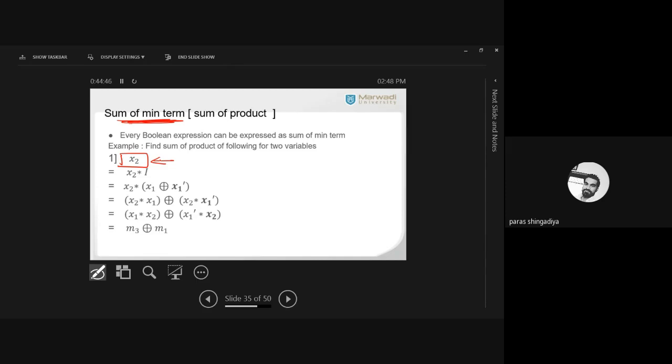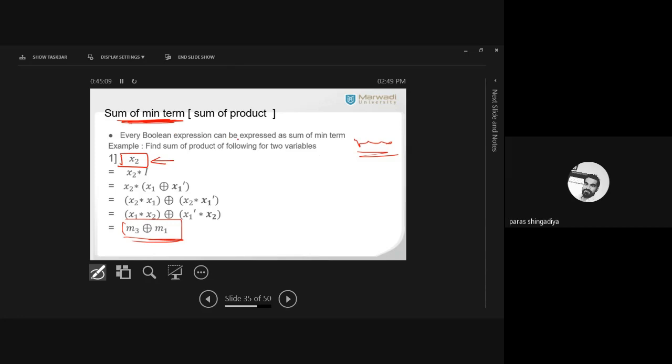So we can define this theory for two cases, for the 2 variable data as well as for the 3 variable data. Okay, so right now this concept is for 2 variable data. So we can consider up to the 2 variable, and then after we'll get an answer as a sum of the min term. Okay, there is one fixed method that we'll apply here to check the answer.